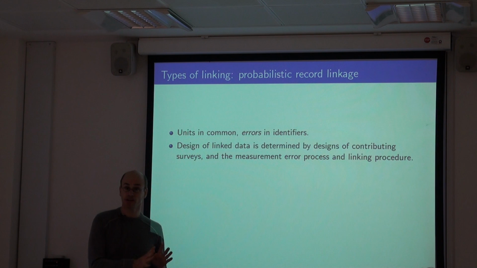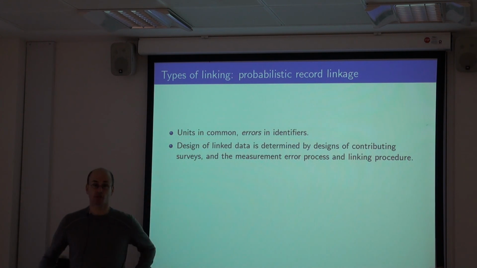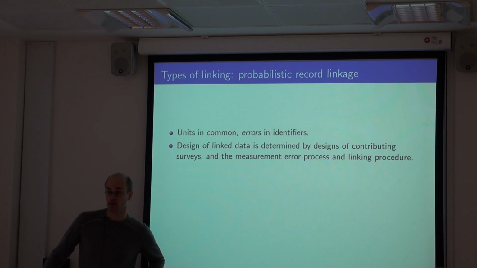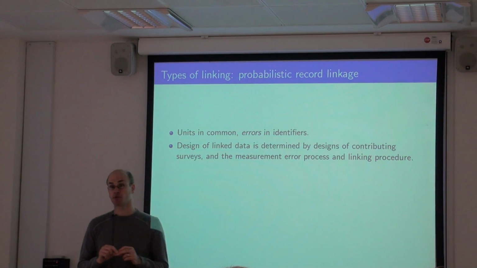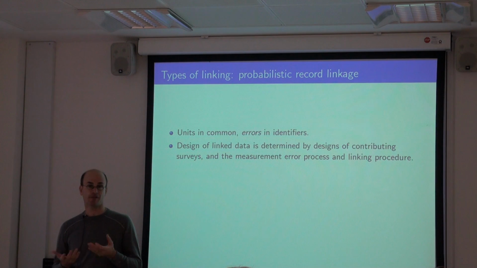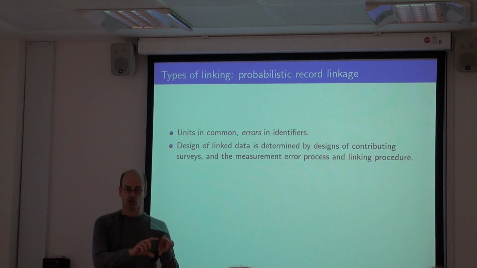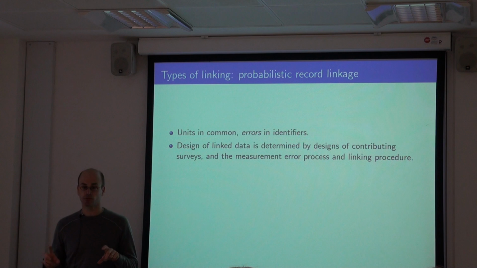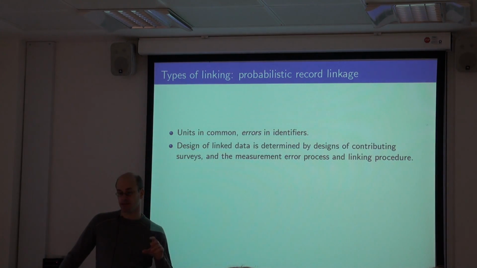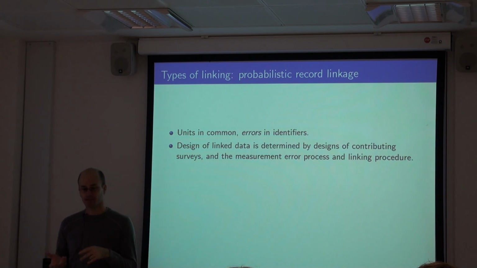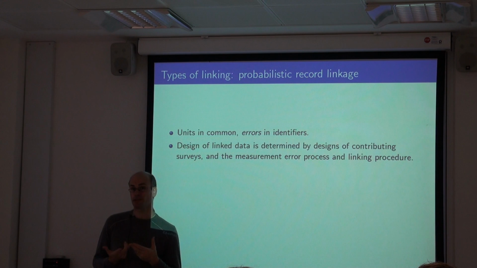Under some very strong conditions, you can completely ignore this measurement error. So in the economics literature in the 80s and 90s, people wanted to study the dynamics of consumption, and they didn't have data on consumption over time for a single household. But what they did have is cross sections from 1988, 1989, 1990, and they wanted to link probabilistically by creating what in the literature they called a pseudo cohort.